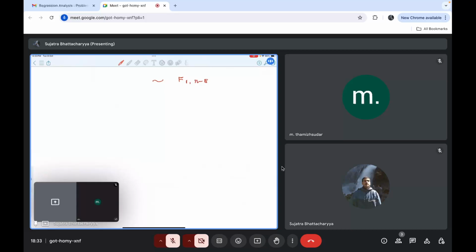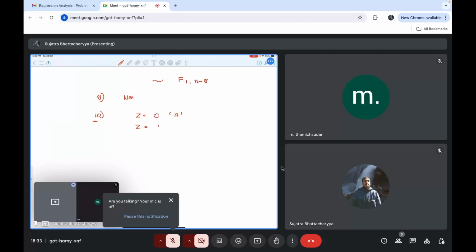Okay, so the ninth is no, you cannot use it. So the 10th is that z is equal to 0 for set A and z is equal to 1 for set B. Alright.